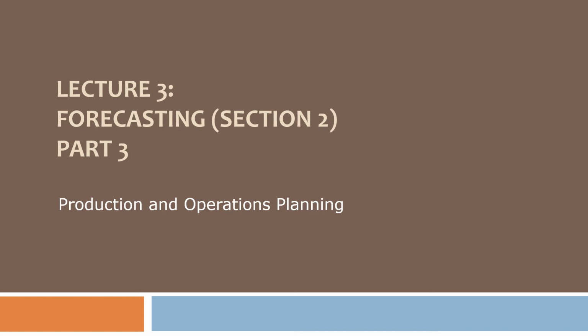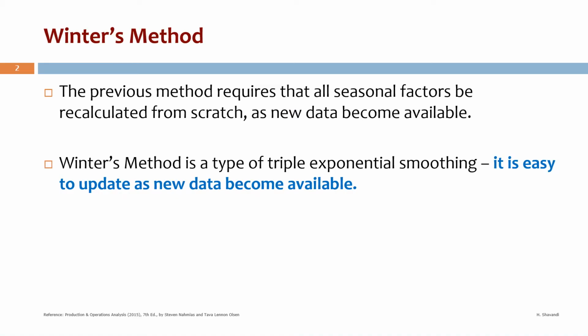Lecture 3, Forecasting, Section 2, and this is the last part of the pre-recorded videos for Section 2. In the previous part, we had a general method for a time series with trend and seasonality, and in that general method, we need to recalculate the seasonal factors from scratch any time that we have new data available.